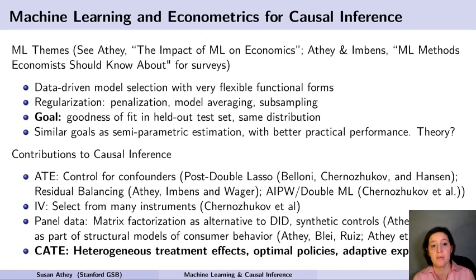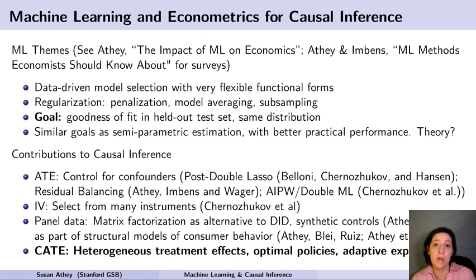These are all similar goals as semi-parametric estimation in the econometrics literature, but the machine learning methods just have better practical performance. We don't fully understand why. We're missing some theory here.